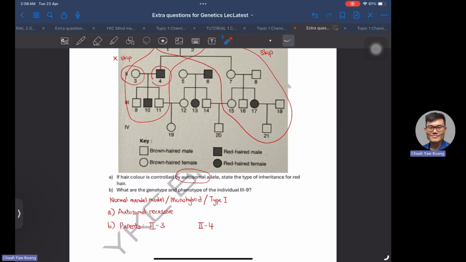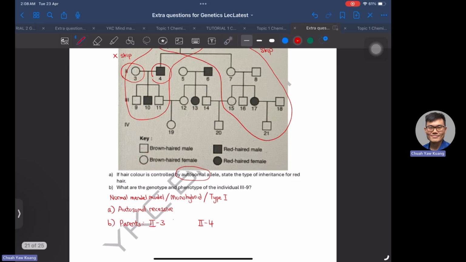For the parent individual 2-3, she is the mother, and this mother has brown hair. We now know that brown hair is dominant, so that means this individual will have at least one dominant allele, for brown hair.